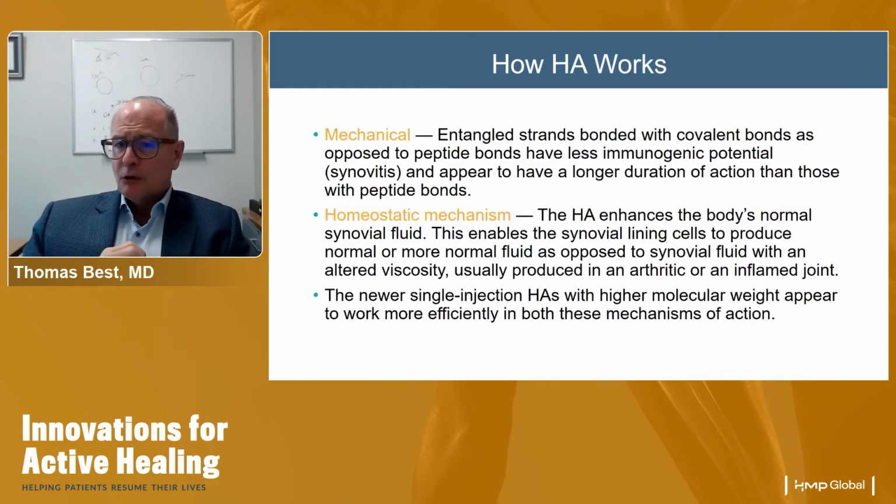One of my take-home messages is going to be that when we look at the potential for who are the right patients for hyaluronic acid, it's been my personal experience, and we have a data registry here at the University of Miami where we're cataloging all of those receiving HA injections, and it appears that patients who come in with this inflammatory state, and particularly some synovitis, appear to be the patients that may in fact benefit the most from HA injections.